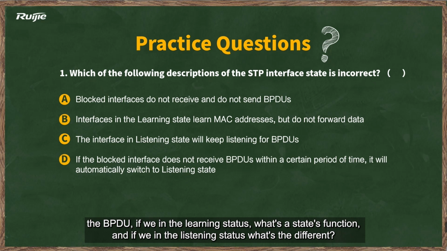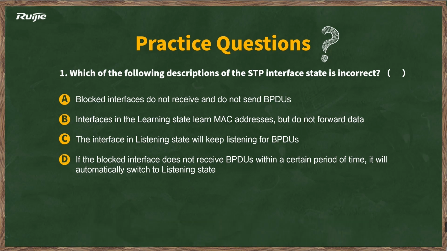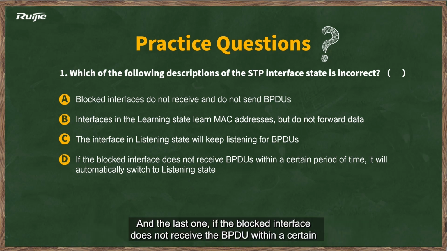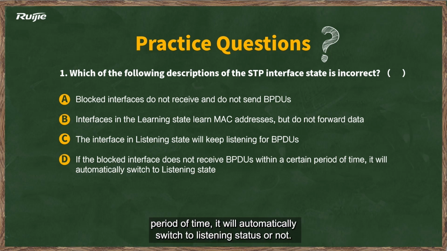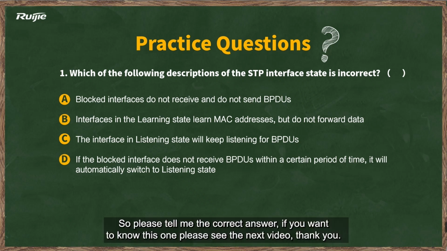And if we are in the listening status, what's the difference? And the last one, if the blocked interface does not receive the BPDU within a certain period of time, will it automatically switch to listening status or not? So please tell me the correct answer. If you want to know this one, please see the next video.